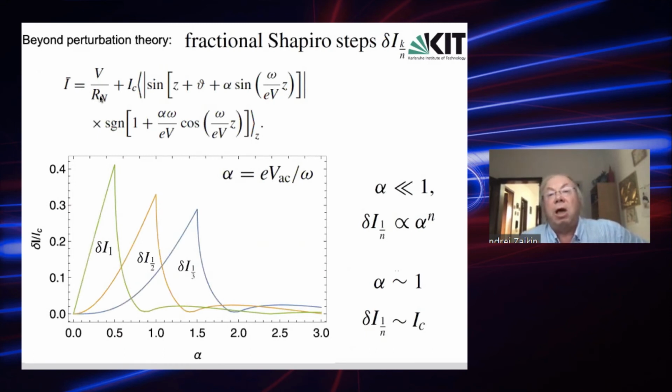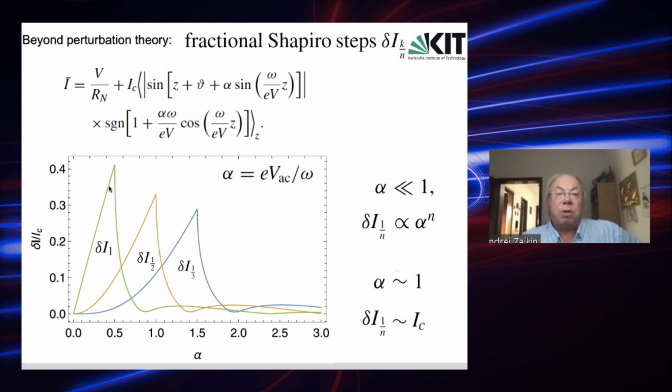If we now have this parameter alpha not small, then we already get fractional Shapiro steps, and K and N can have any value in principle, and the general result for the current looks like this.